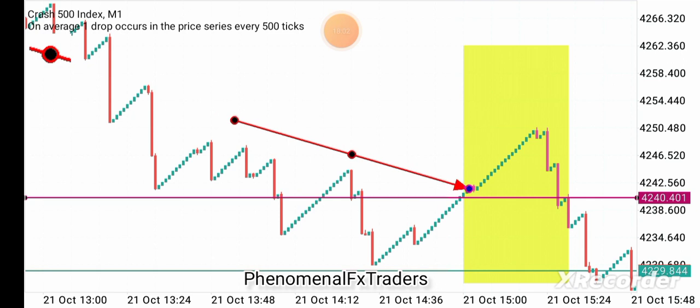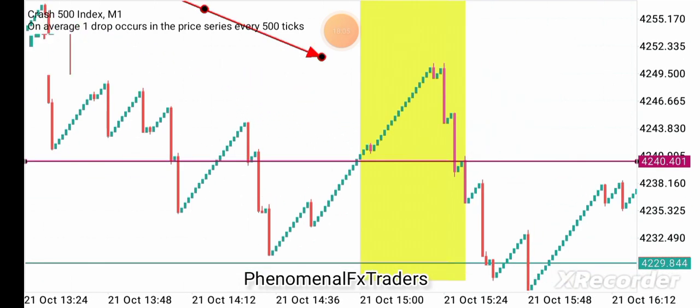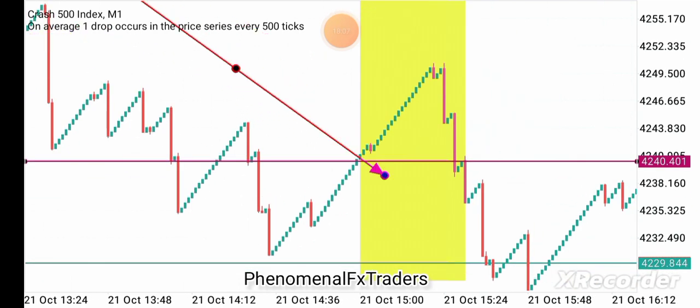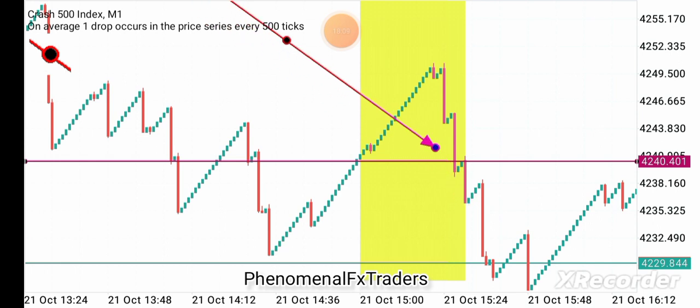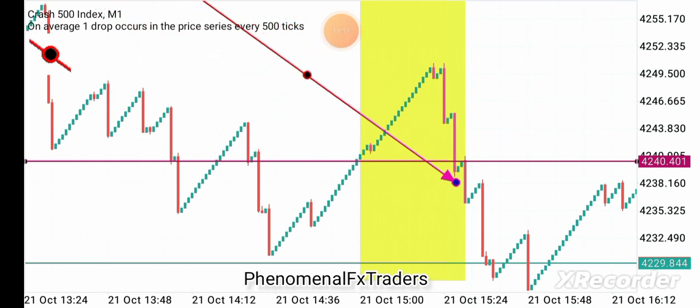All right, you can see this is where it happened. This is where the engulfing candlestick pattern closed. Look at what we're having here. At this point is where it closed.